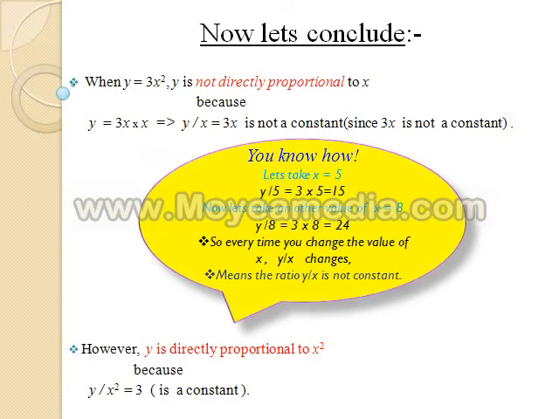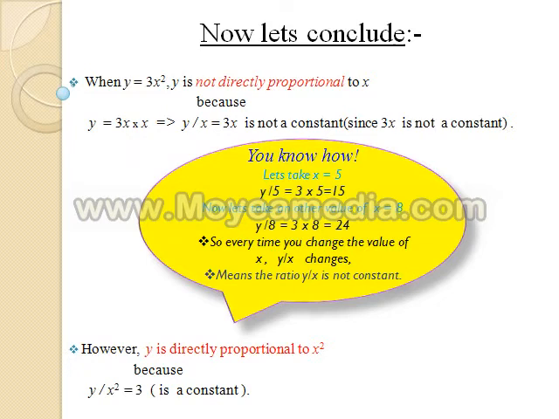I just split the x square into x times x. Then the single x I brought to the left side. It was multiplied; when you change the side, it comes down into the denominator. So y over x is equal to 3x, and 3x is not a constant.